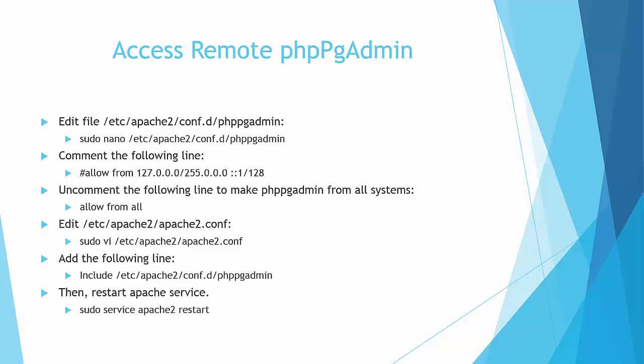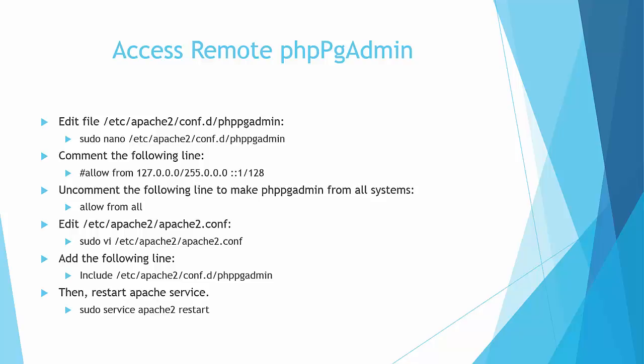How to access phpPgAdmin remotely. You can edit the file in Apache 2 configuration phpMyAdmin by sudo nano /etc/apache2/conf.d/phpmyadmin.conf. You need to comment the line that allows from the local address to the application, and then comment the following line to make phpMyAdmin accessible from all systems and allow it from all.